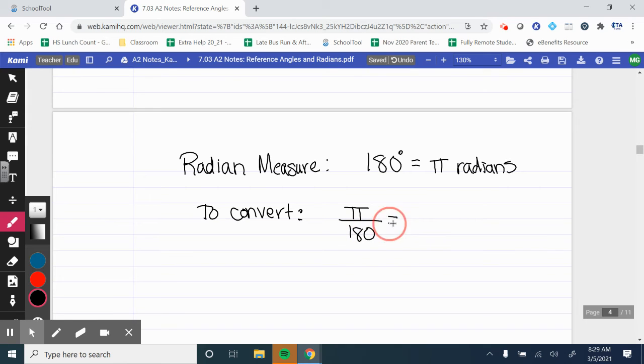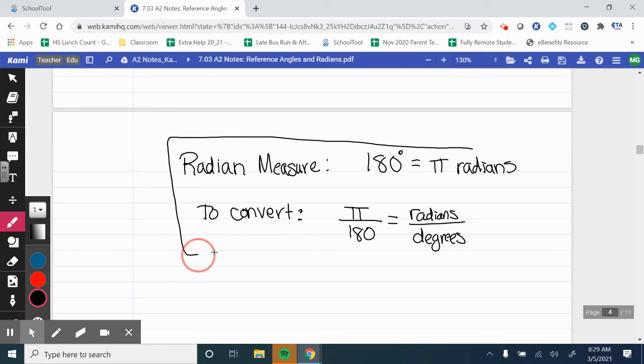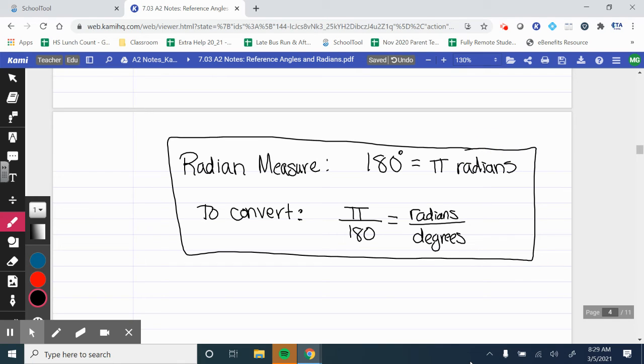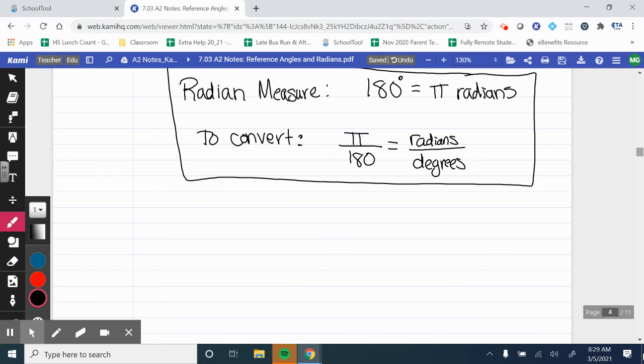So we put pi over 180 equals the number of radians you have over degrees. A really important proportion to know here: pi over 180 equals radians over degrees. Also really important to remember that 180 is equal to pi. That's why this proportion works. We're setting it to something we know is equal.